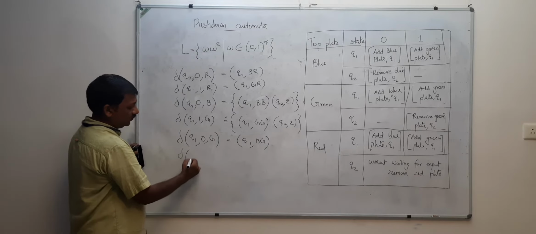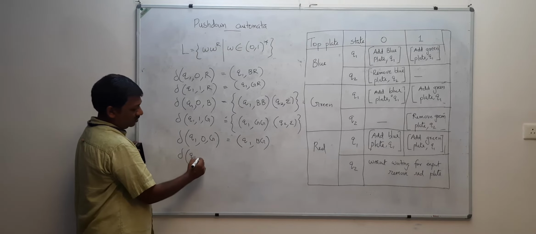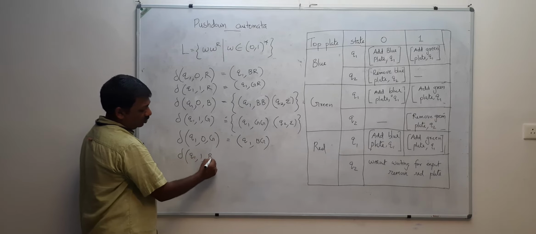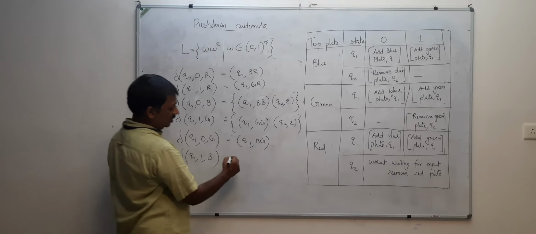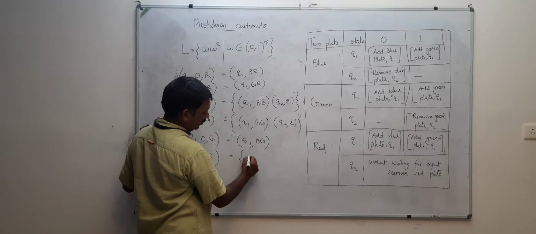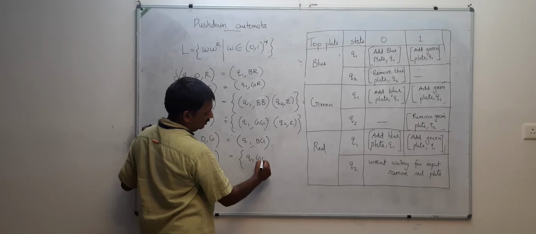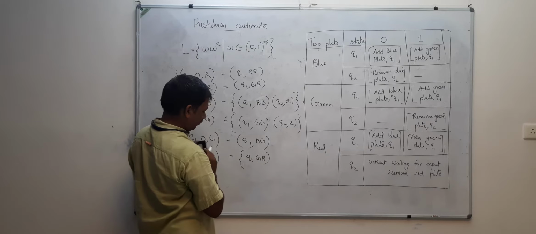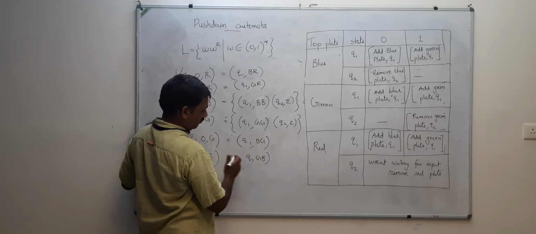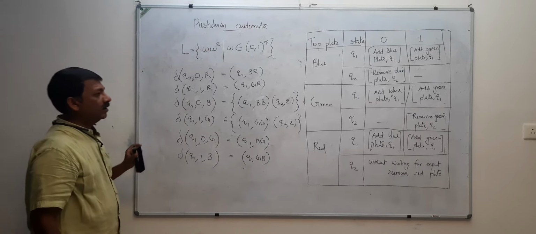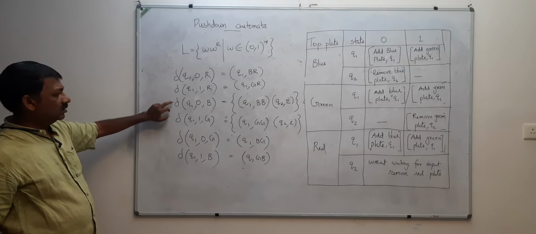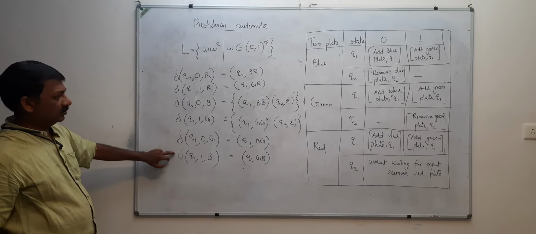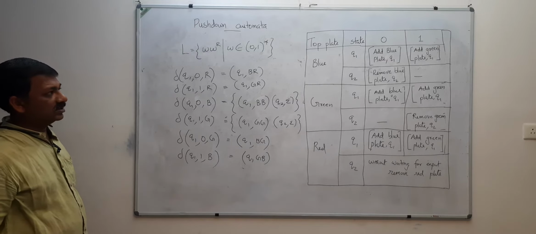And delta of Q1, 1, blue: the blue plate is on top and the next input is 1, so you can easily push a green plate on the stack. That means GB. Now red, blue, green. Now 6 transitions.